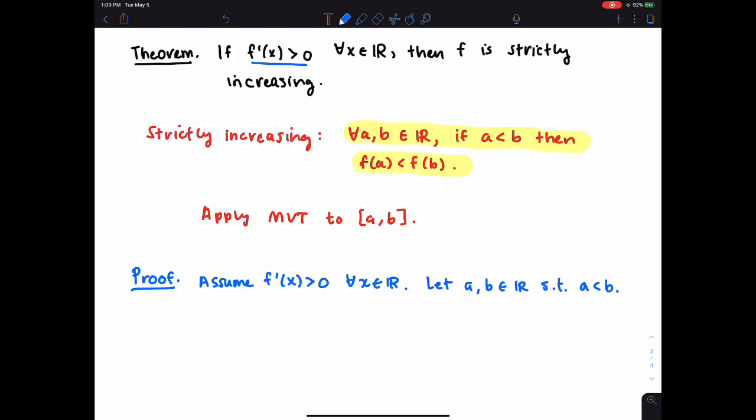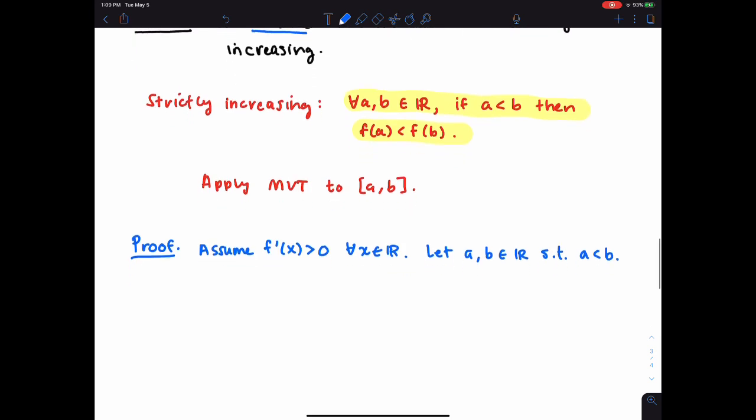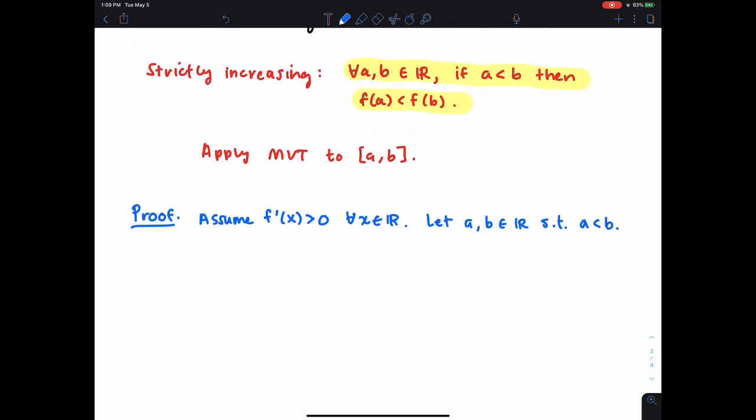So I first need to check that f is continuous on the closed interval AB, and that it's also differentiable there. Now, technically, we have not been told either of those conditions explicitly, but we have been told that the derivative is greater than 0 for all x. That implies that f is differentiable for all x.